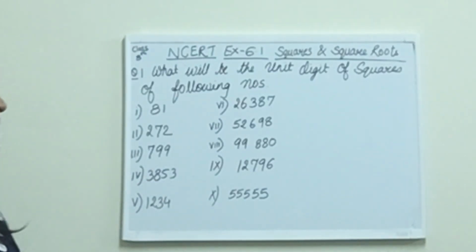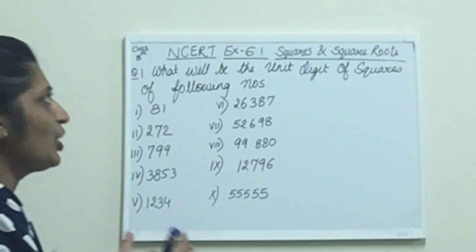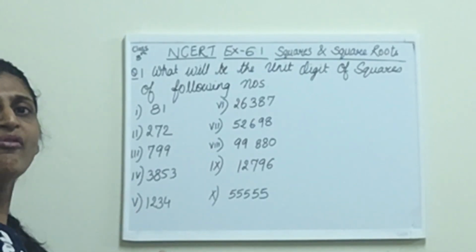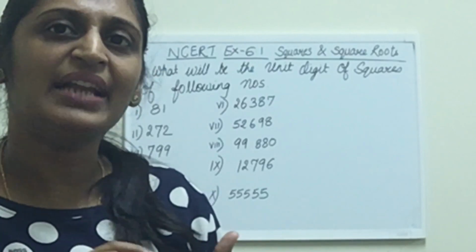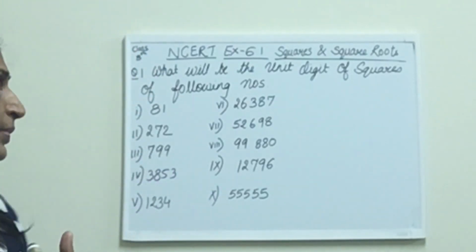So here, the very first question says, what will be the unit digit of squares of the following numbers? If we do the squares of these numbers, then what will be the unit digit? The number which we obtain will have which digit at its units place, right?